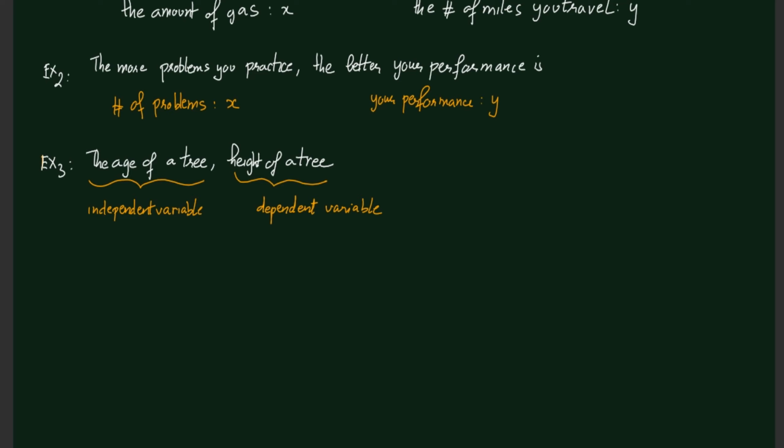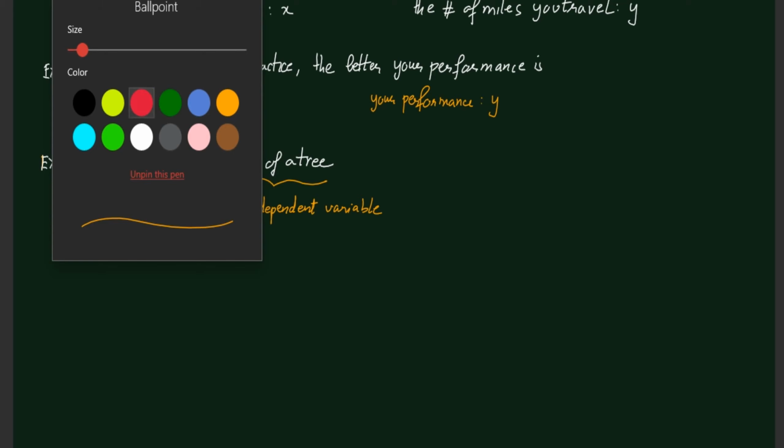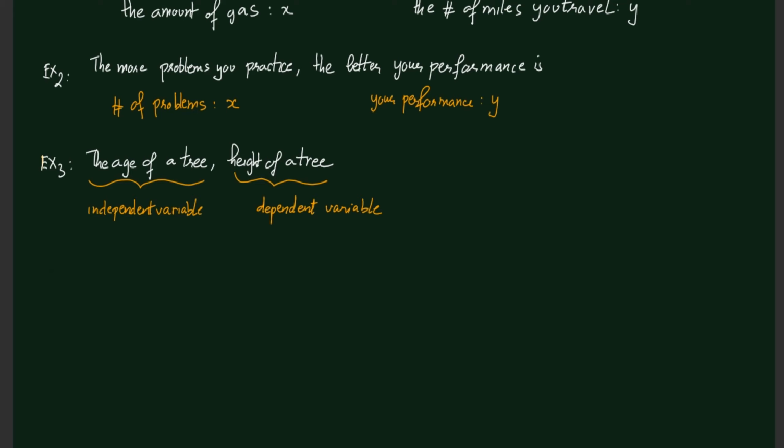So we talk about variable, we talk about constant. Those are 2 terminologies you need to know every time you learn mathematics. The 3rd terminology I want you to know is algebraic expression. So an algebraic expression is a mathematical expression.